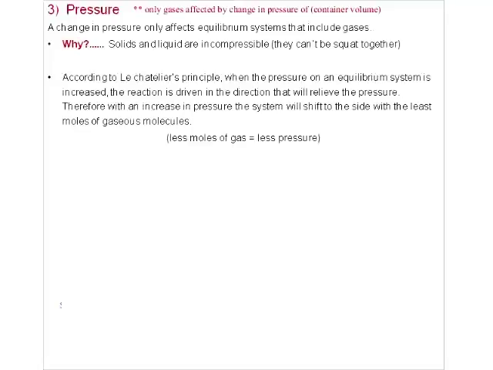If we have 1 mole of gas versus 2 moles of gas, the 2 moles of gas wants to occupy twice as much volume. If it can't, if it's trying to occupy the same volume, then 2 moles of gas is going to have twice as much pressure as 1 mole of gas. So Le Chatelier would say, hey, if you want to relieve that stress, if you want to relieve that pressure, make less gas.